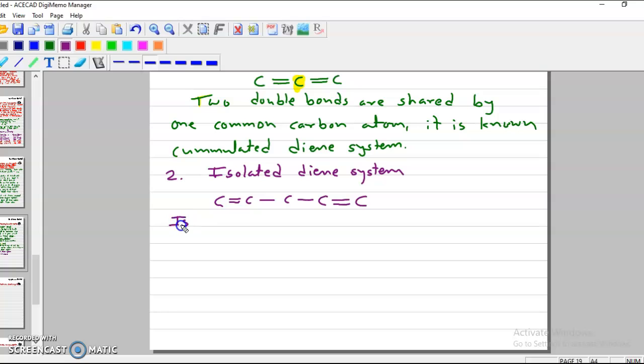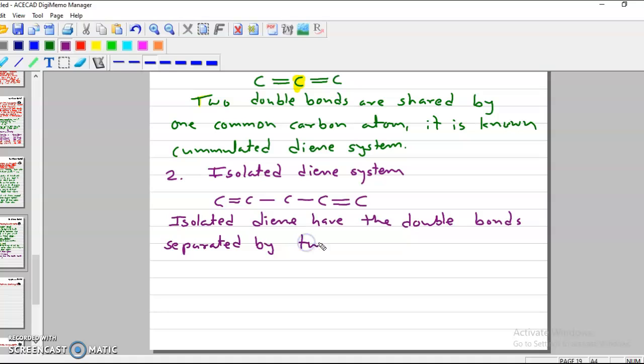So isolated dienes have at least two double bonds, but separated by two or more single bonds.